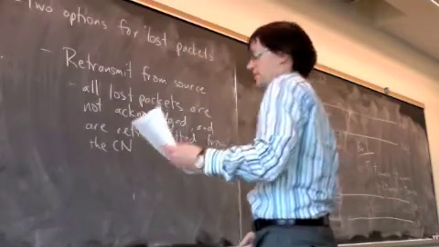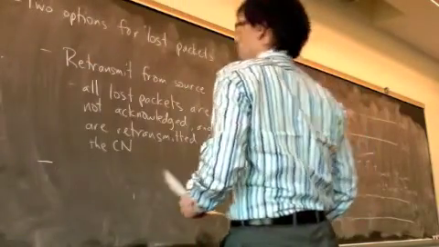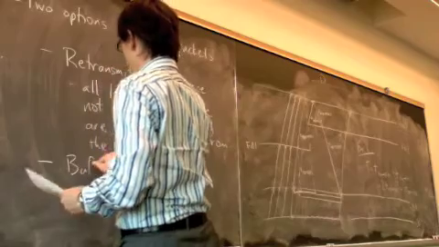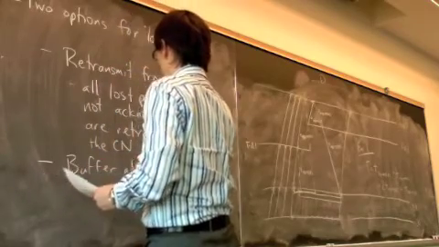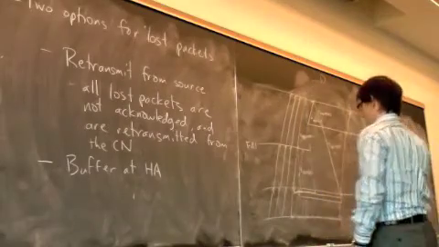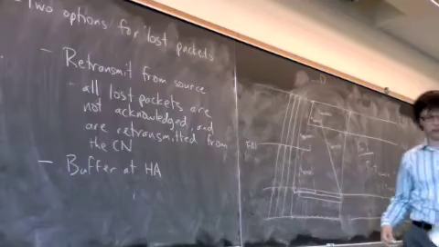Second retransmission strategy is that the home agent will buffer. So buffer at the home agent. In other words, the home agent will always remember a certain number of packets that were previously transmitted, and all the packets that were lost will just get retransmitted.